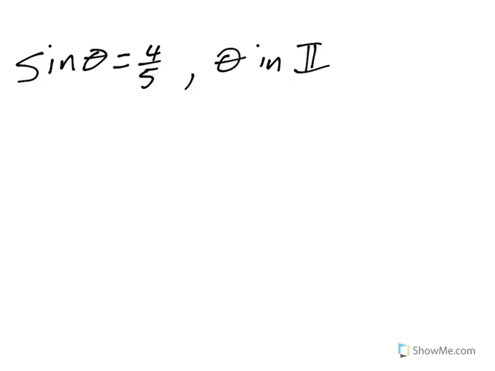This lesson is to look at the two standard ways to solve this problem where you're given the sine of an angle, not the angle itself, but the sine of the angle, what quadrant that angle's terminal side lands in, and then asked to find the exact values of all the other trig functions.